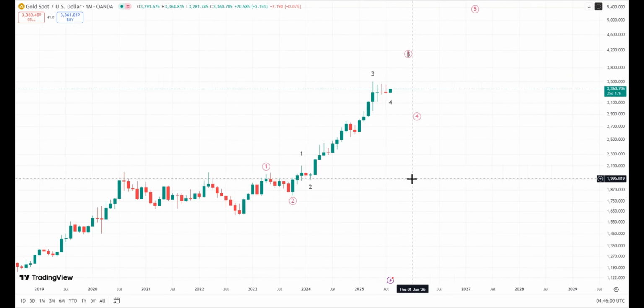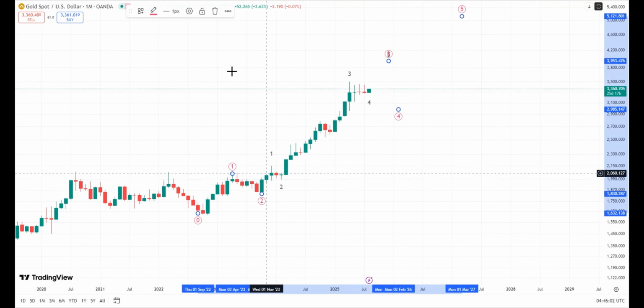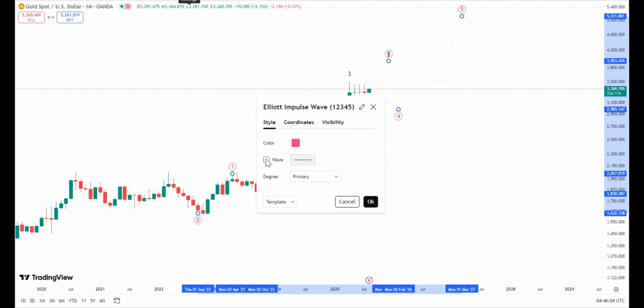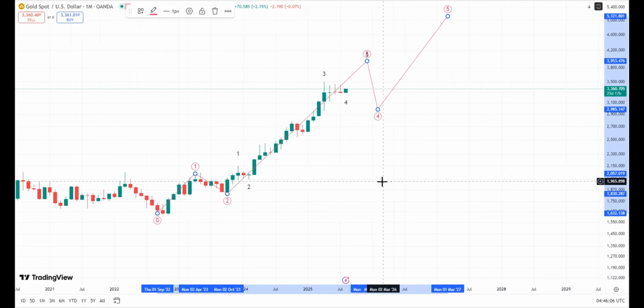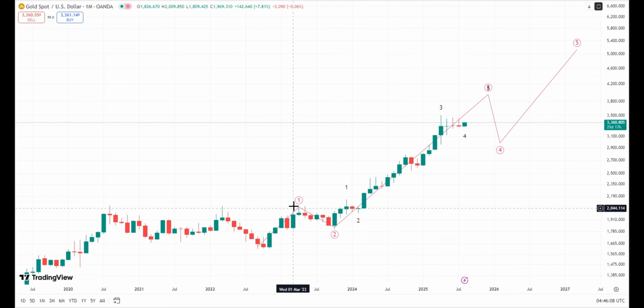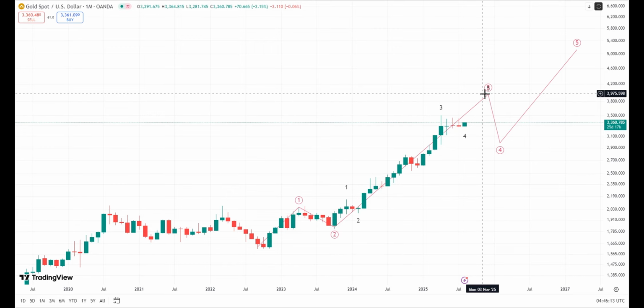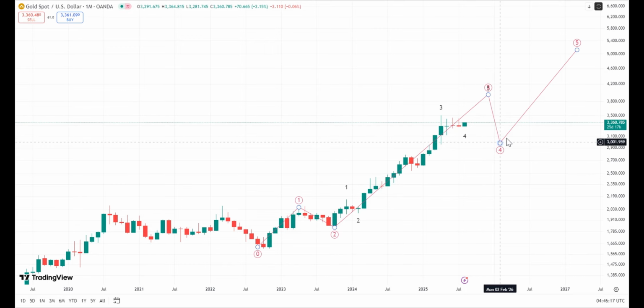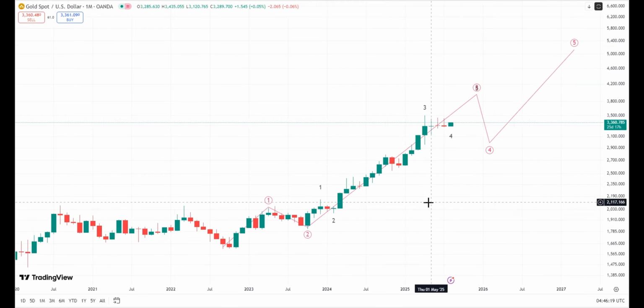The most likely wave count is this is our wave 1, wave 2, then we are on wave 3 currently, then we'll be having wave 4 subsequently, then wave 5.